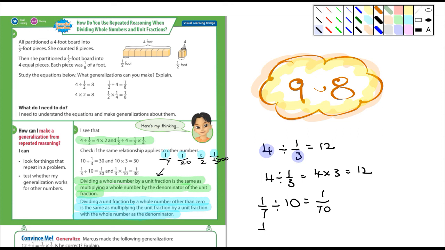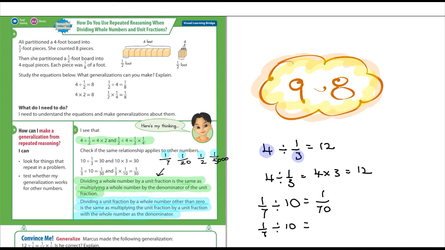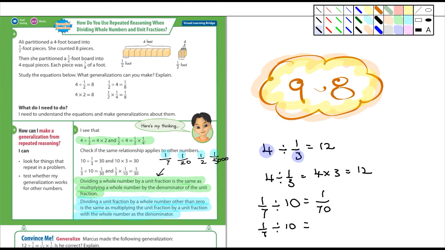So I could rewrite this as 1/7 divided by 10 is equal to, it's not equal to 7 times 10. It's equal to 1/7 times 1/10, which is equal to 1/70.